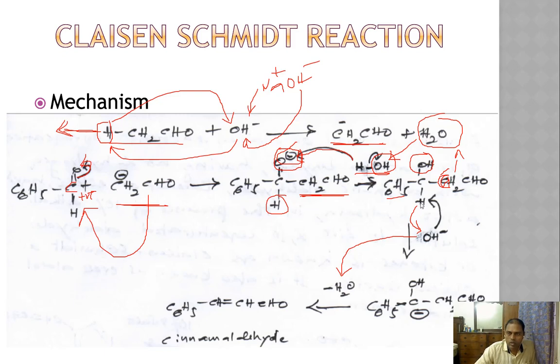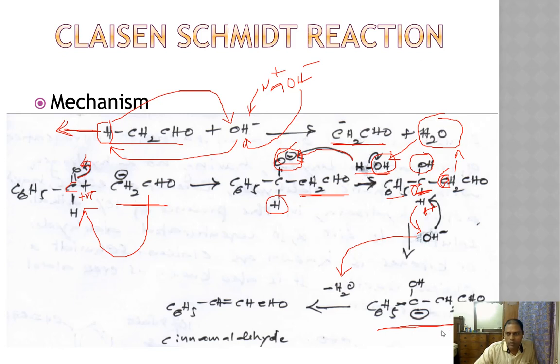Only the proton, H plus, is going to go there, leaving the bonding electrons here, and this bonding electron is going to shift to this carbon. So this is a carbanion now.